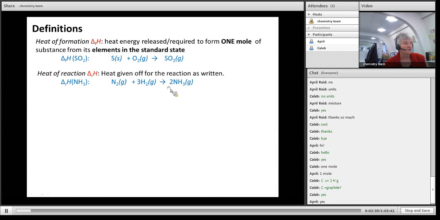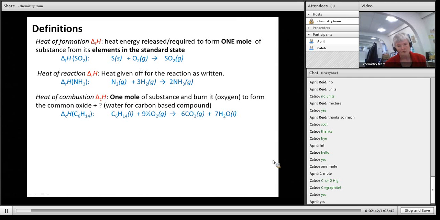Okay, the next one is the heat of combustion. So the rule for the heat of combustion is I'm reacting it with oxygen, and it has to be for 1 mole of substance we're burning. So here the substance has to be now on the left-hand side. Remember up there it was on the right-hand side for formation.